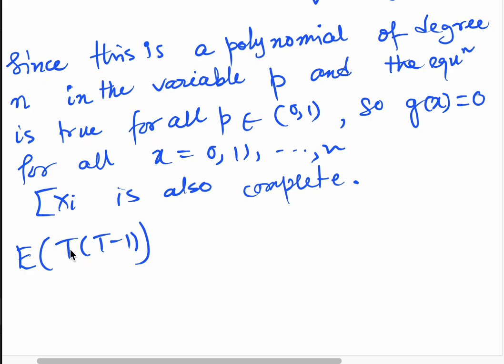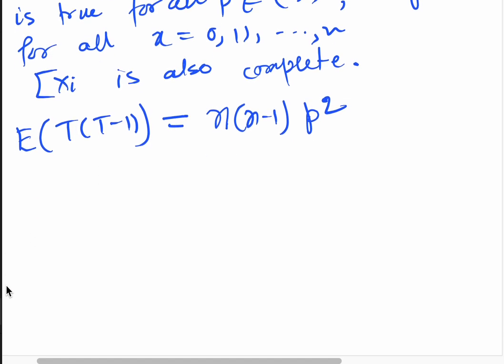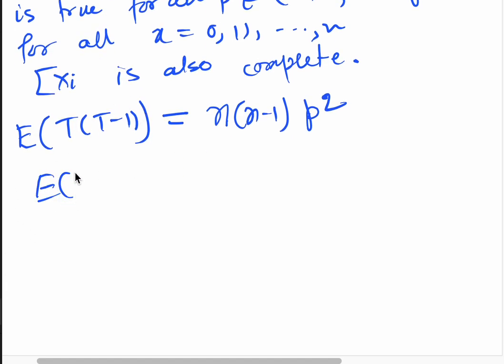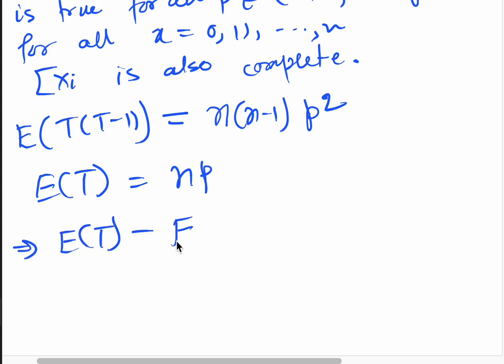Okay, now I have to check what is the expectation of T into (T minus 1). Since T follows a binomial distribution with n and p, that will be n into (n minus 1) into p square. And you also know the expectation of T will be n into p. So if I subtract expectation of T into (T minus 1) from expectation of T, I will get n p.